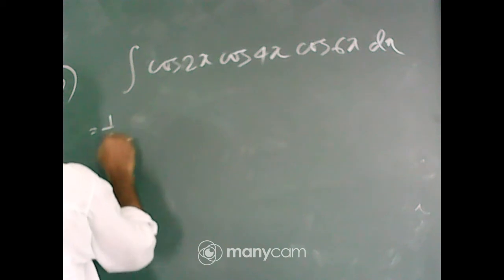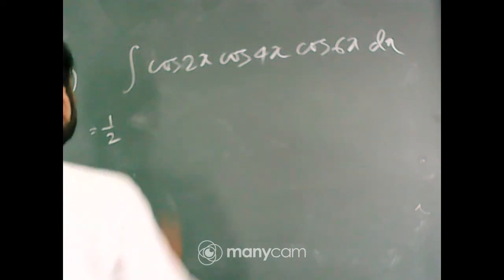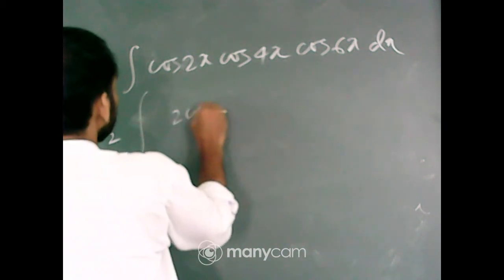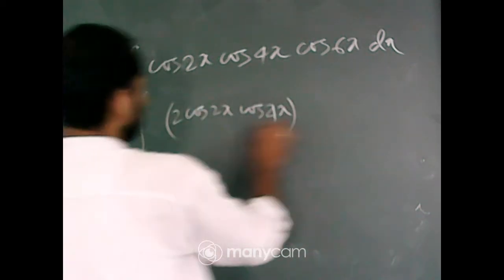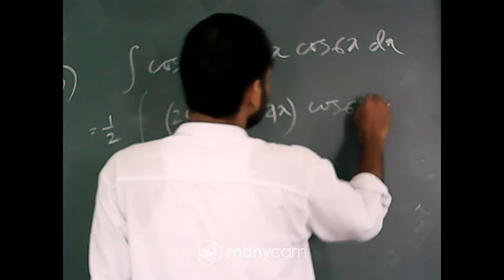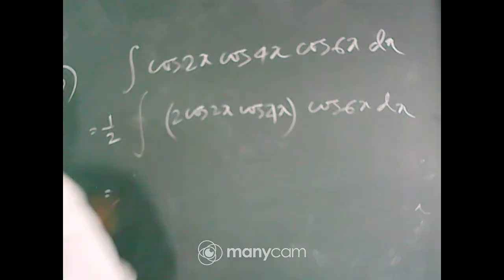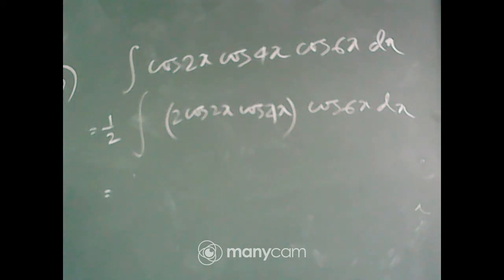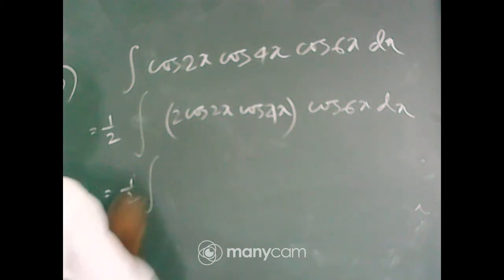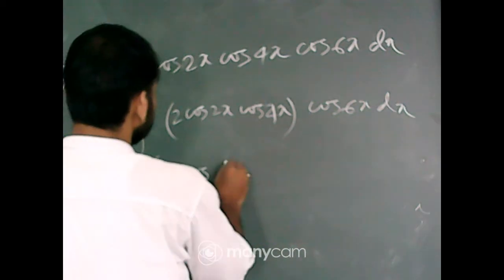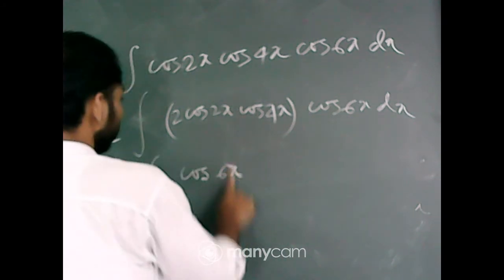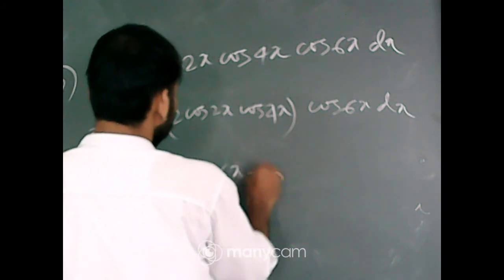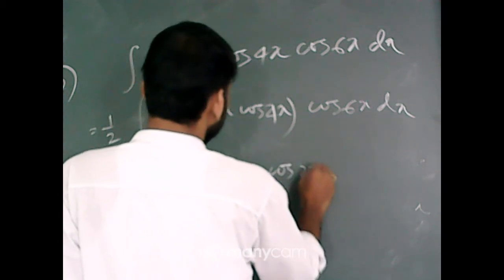First of all, take half, 1 by 2, then it will be 2 cos 2x cos 4x within the bracket, and cos 6x lies outside the bracket. So, half integration, 2 cos a cos b means cos a plus b, that means cos 6x, plus cos a minus b, that means cos 2x.